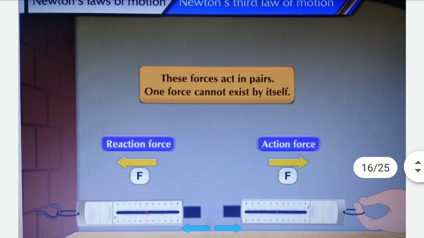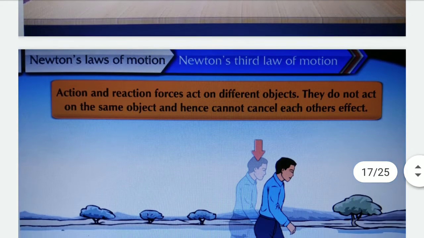These forces act in pairs. One force cannot exist by itself. Action and reaction forces always act simultaneously.